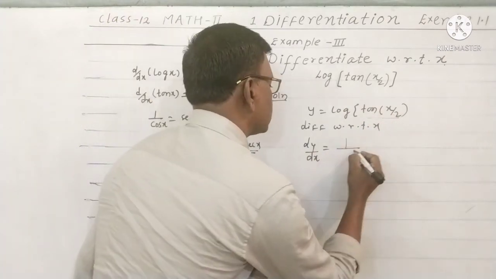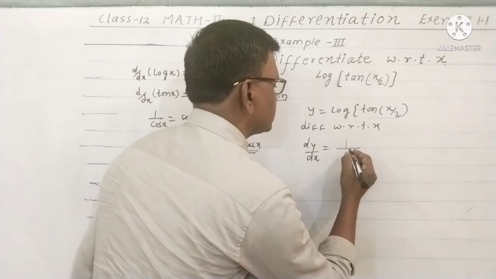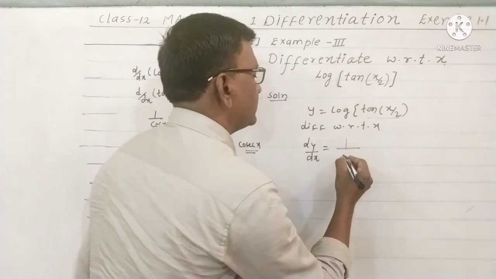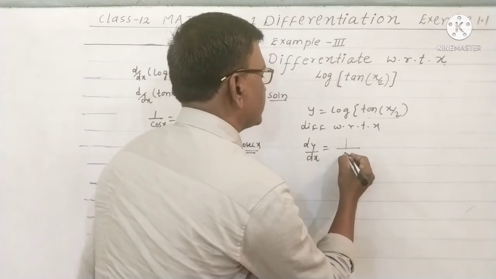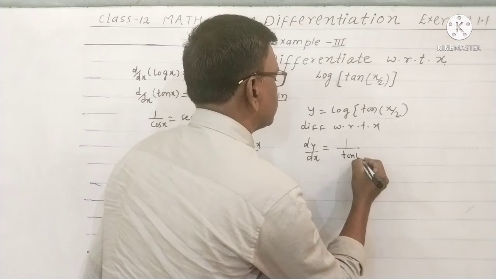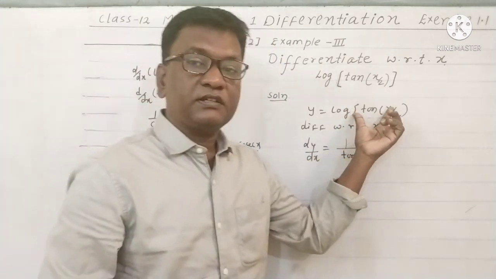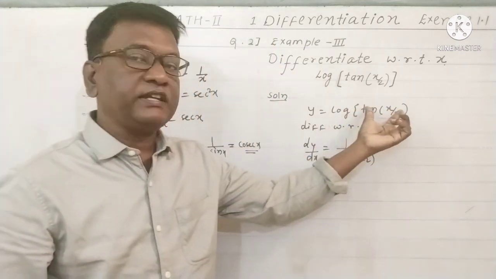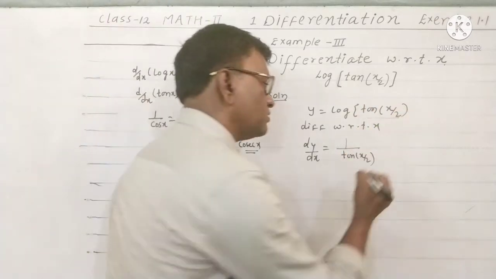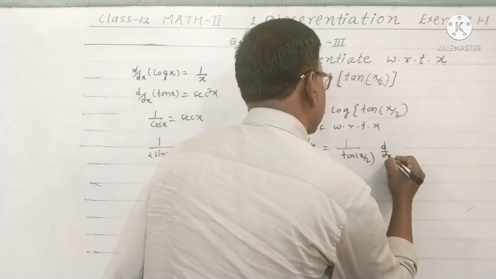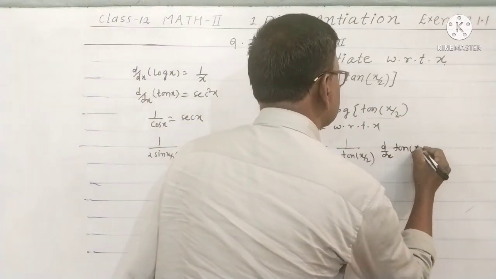So the derivative of log of tan x by 2 is equal to 1 by x, meaning 1 upon tan x by 2. As the function has changed, instead of x here is tan x by 2, so we take the derivative again, d by dx of tan x by 2.